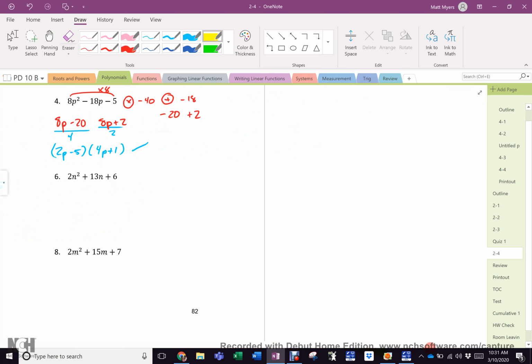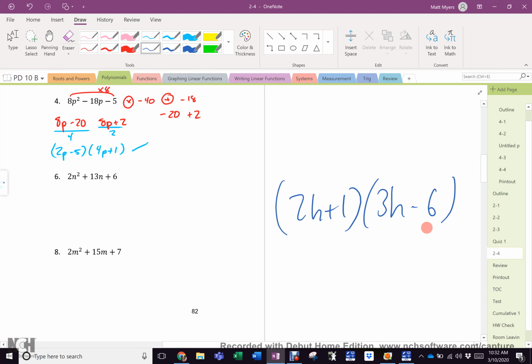So, check that. I'm in highlighter mode. 2h plus 1 and 3h minus 6, yeah? What's 2 times 3? Right? So you're right there. And 1 times 6 is negative 6. So you're right there. But that is negative 12 plus 3.